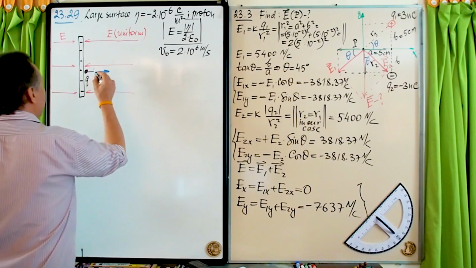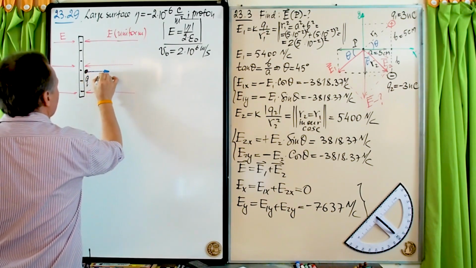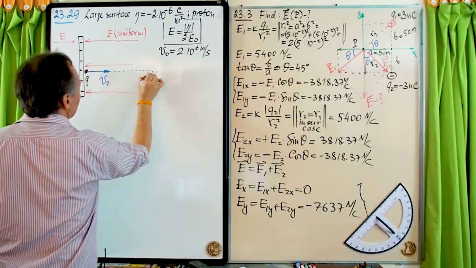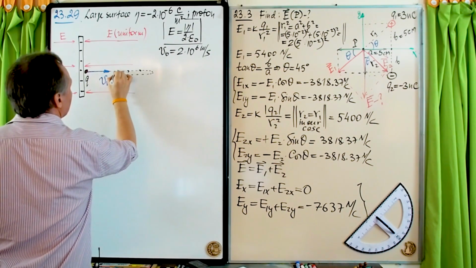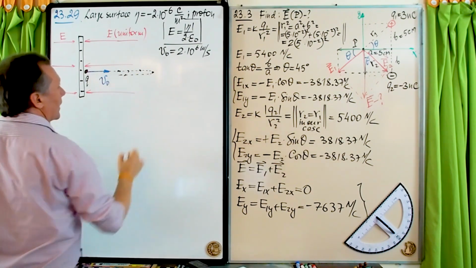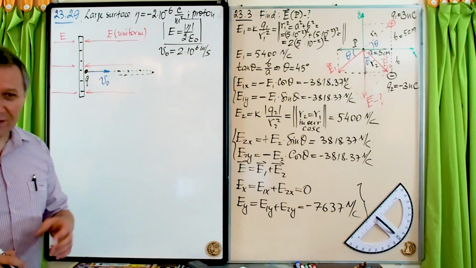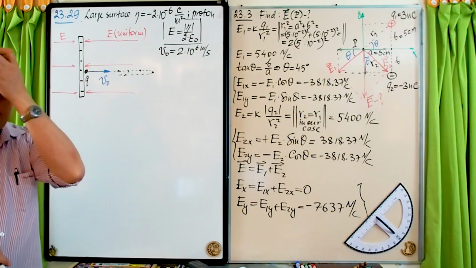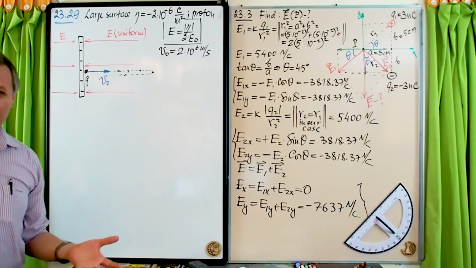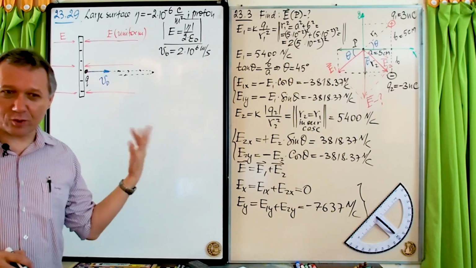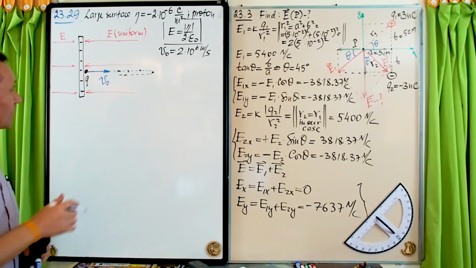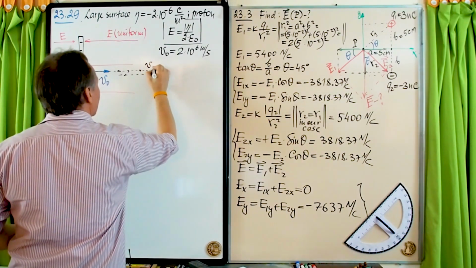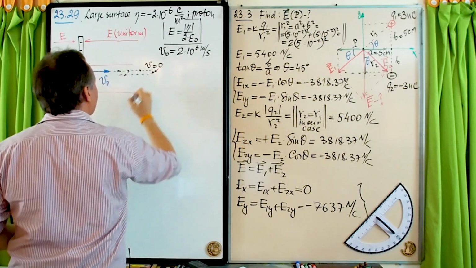So effectively, the trajectory will be like this. At this point, what will be the velocity? Zero. Physics 1, right? It's a turning point. It stops for a moment, turns around, and starts moving in the opposite direction. So over here, velocity, of course, will be zero.